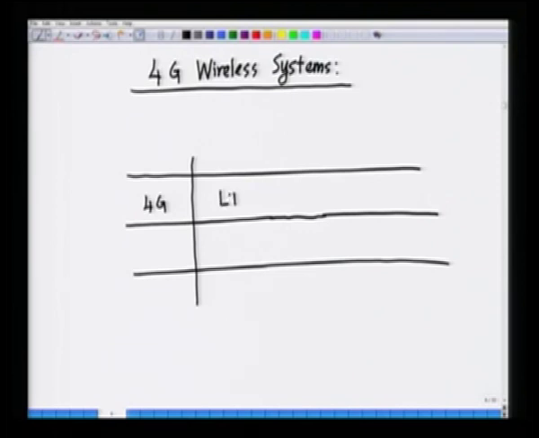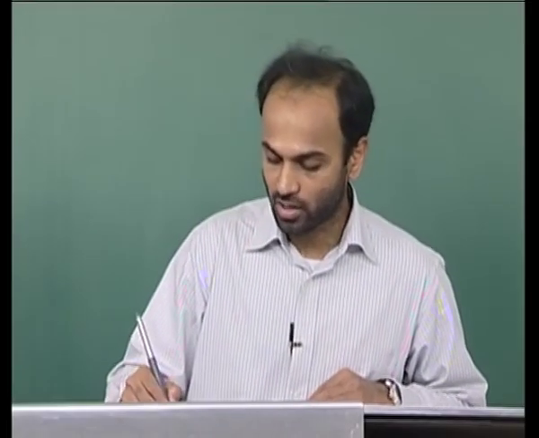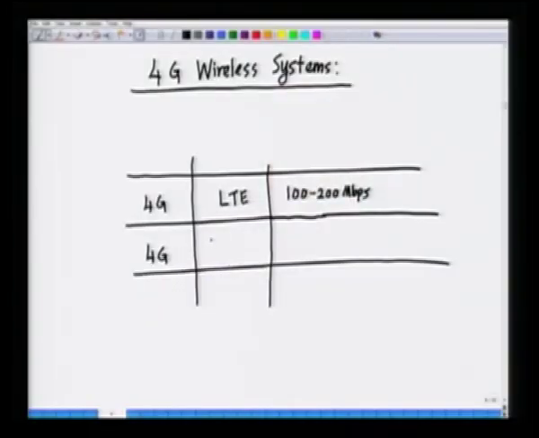The first one is LTE, it stands for long term evolution, that has a data rate of 100 to 200 Mbps, and there is another competing 4G standard which is WiMAX, which stands for worldwide interoperability for microwave access, also has a data rate of approximately 100 to 200 megabits per second.